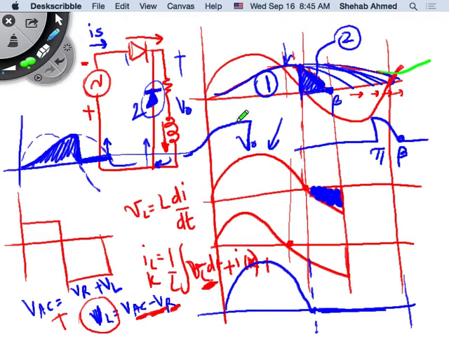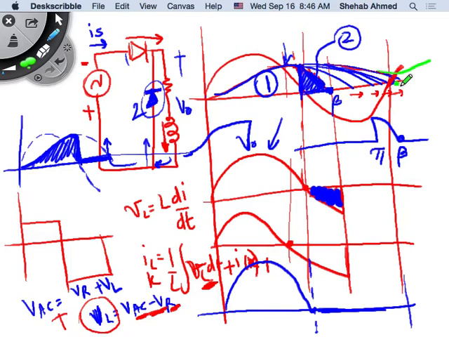Okay, and this current never touches zero, right? It never goes down to zero because beta is always going to be the same, since I have the same RL values, and then I will always start raising the value of current again beyond every period here. So if the current does not touch the zero value, it's called continuous conduction mode, right?